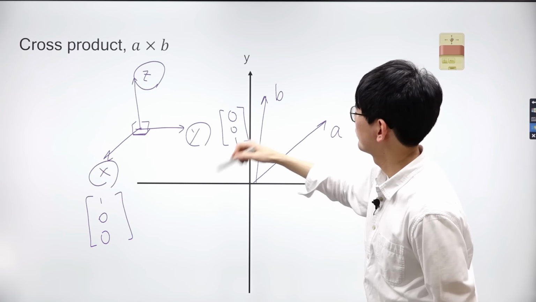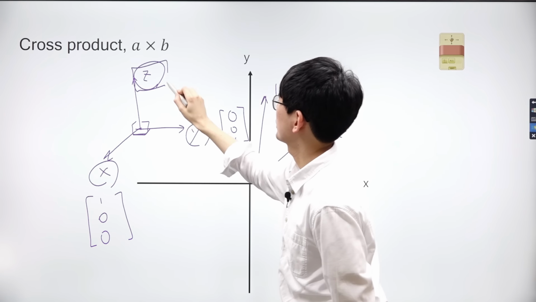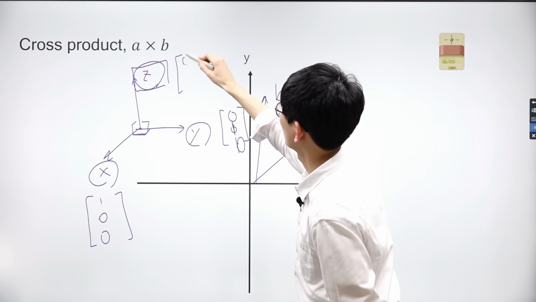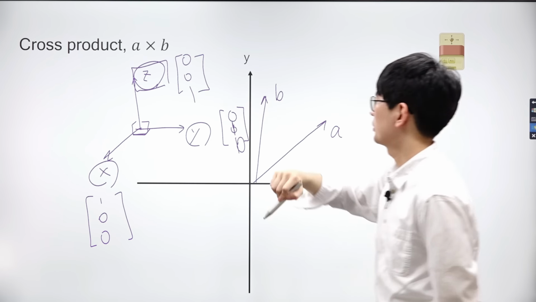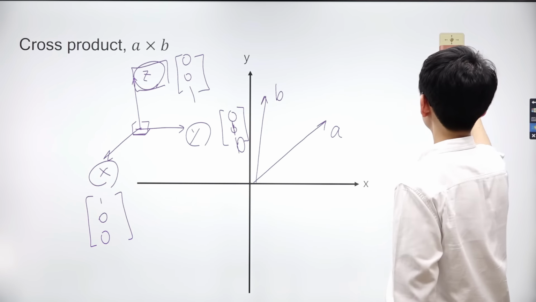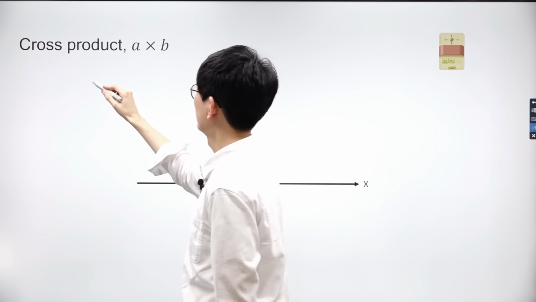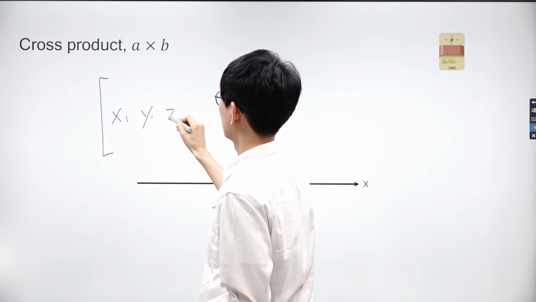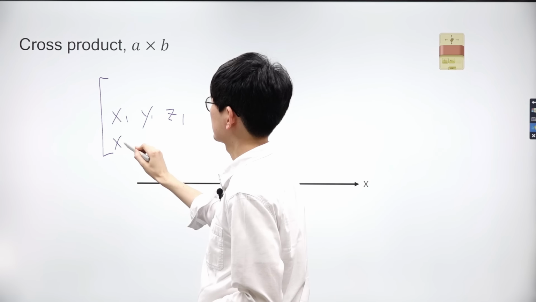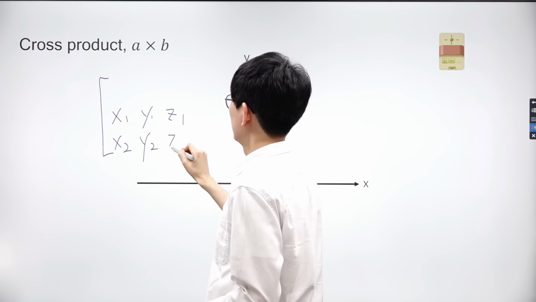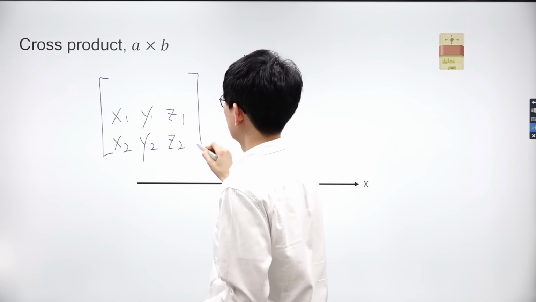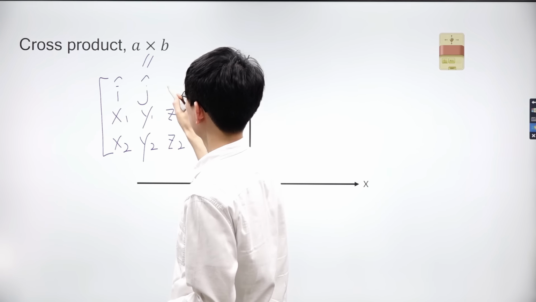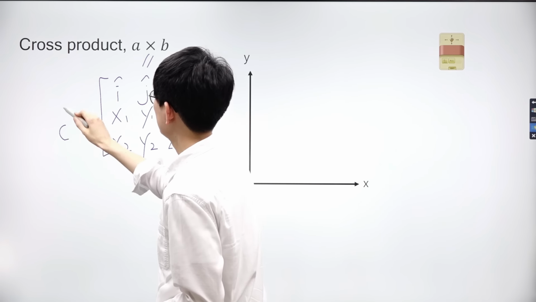Suppose the coordinates of vector x are 1, 0, 0, the coordinates of vector y are 0, 1, 0, and finally, the coordinates of vector z are 0, 0, 1. By calculating the cross product of vector x and y, we can determine if we can find the perpendicular vector z. You can compute the cross product of vectors a and b by computing the determinant of a matrix. Arrange vectors a and b horizontally on the second and third rows of the matrix.